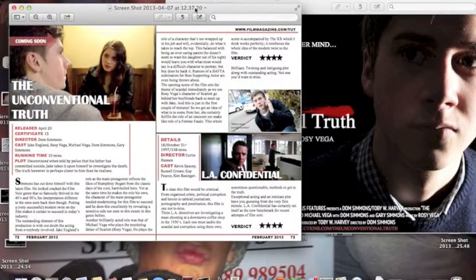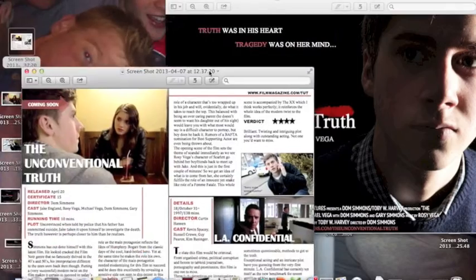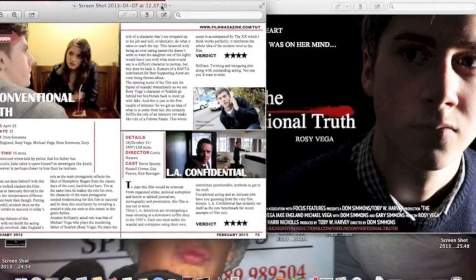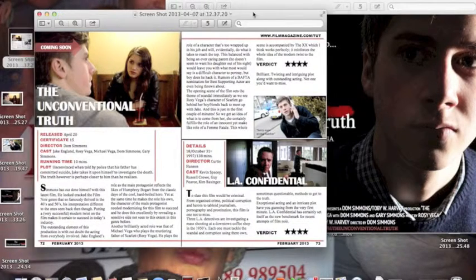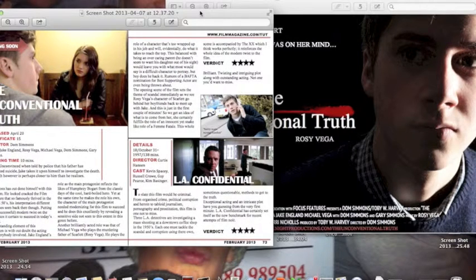So that's the first link between the poster and the double page spread. It shows a clear relationship between the two of them.